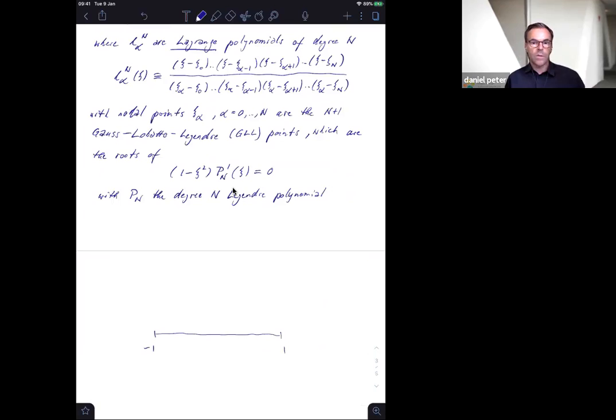So our reference element goes from -1 to 1. And these nodal points, the GLL points, for a degree 4 polynomial will have 5 points. The 2 endpoints, the one in the middle, 0, and then 2 additional points which are closer to the edges of the reference element.